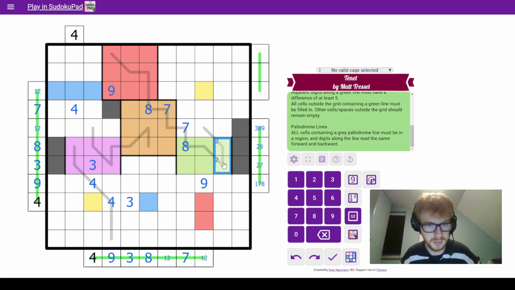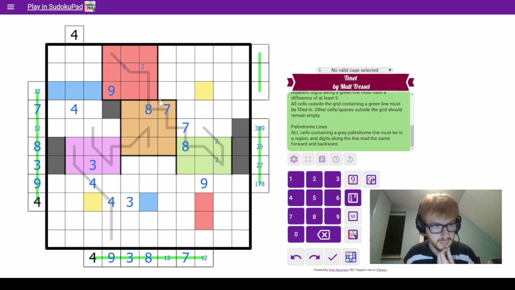So either of those is 2, and either of those is 2. Oh, the wrong pencil mark. Yeah, that is something. That means that cannot be a 2, but yeah. I don't feel like that's too significant.